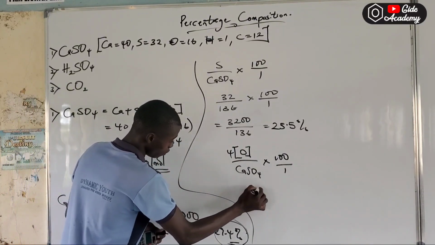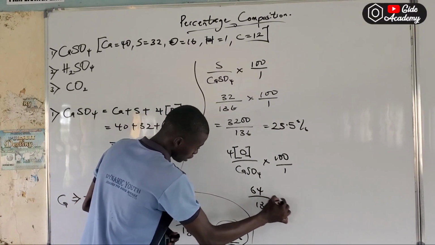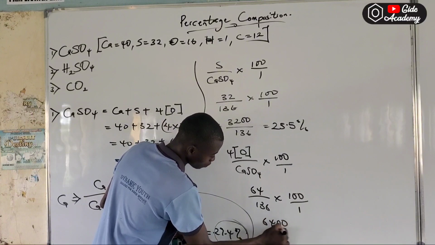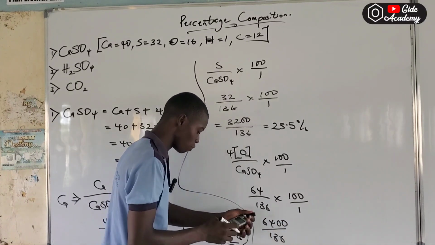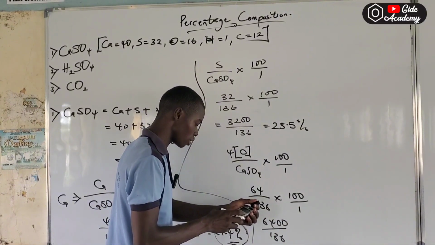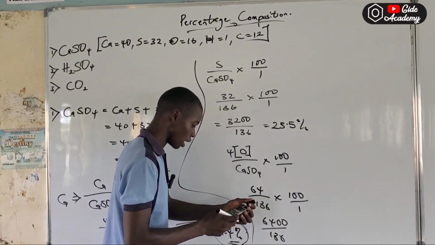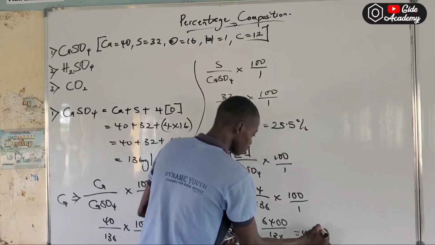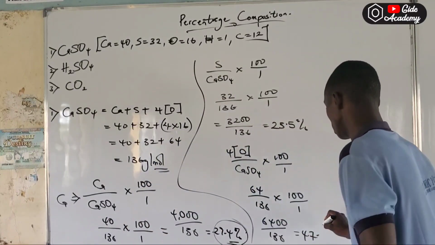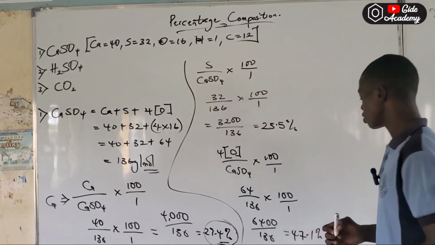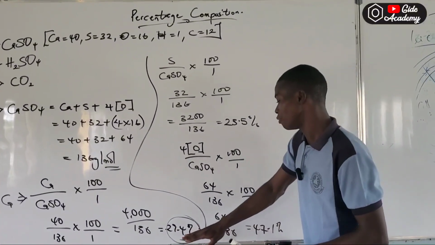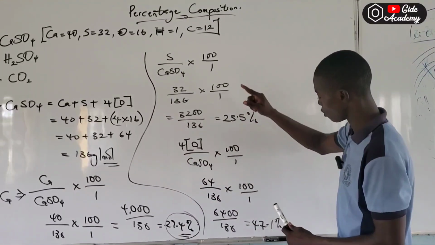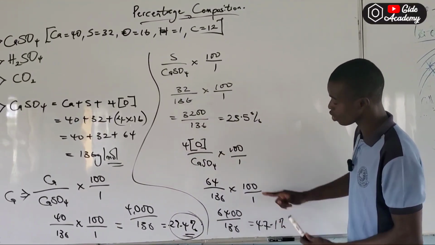That will give us 64 all over 136 times 100 all over 1, which is 6400 all over 136. Let me punch my calculator. 6400 divided by 136, I have 47.1%. So that is to say, we have 29.4% calcium, 23.5% sulfur, and 47.1% oxygen.